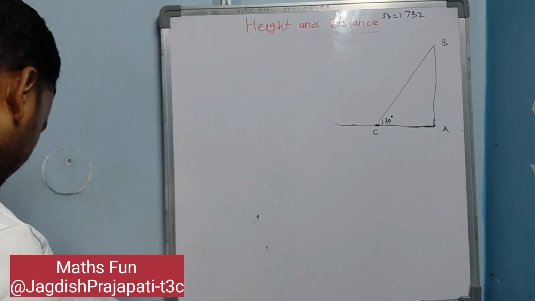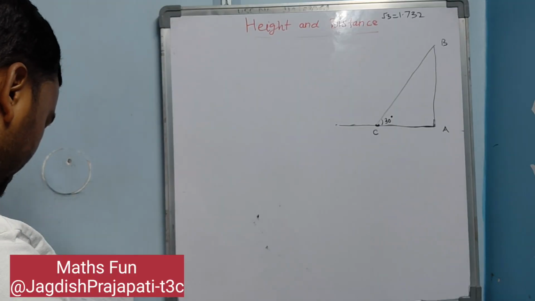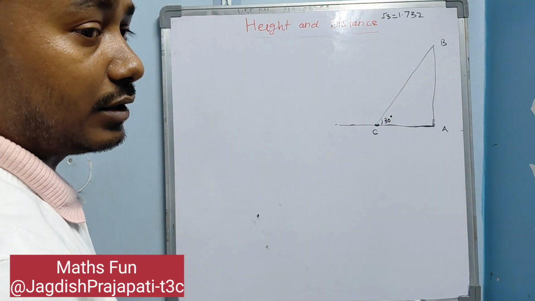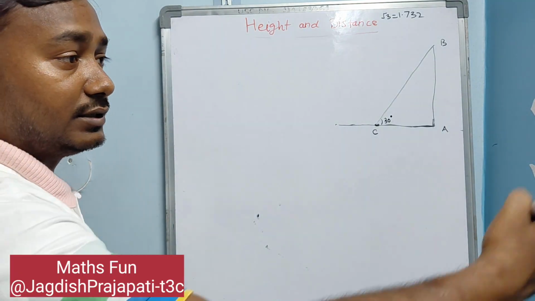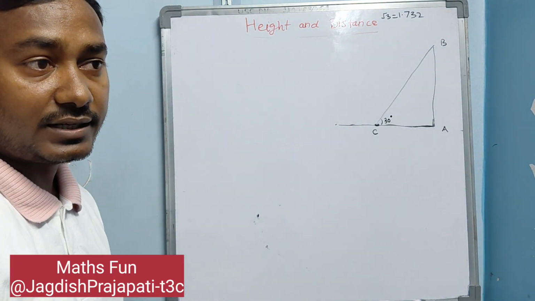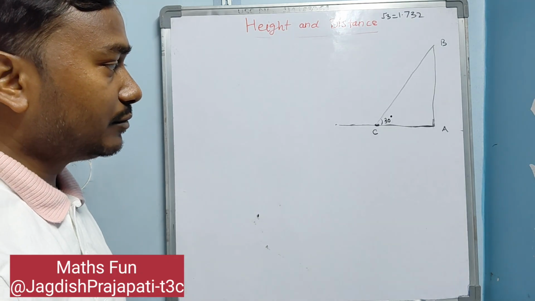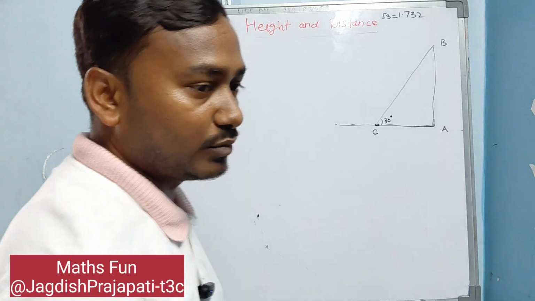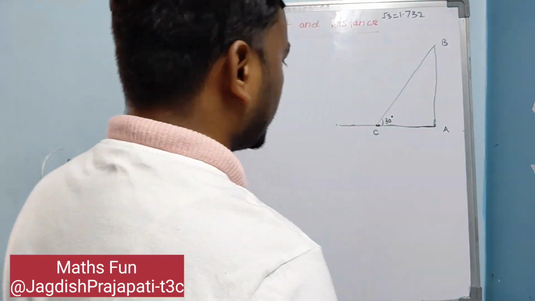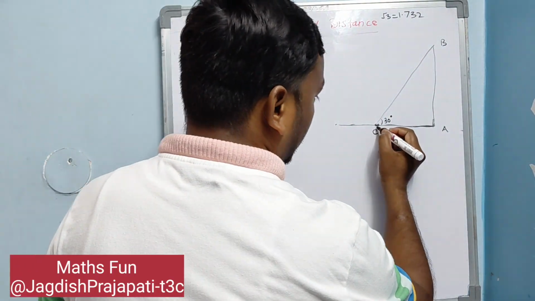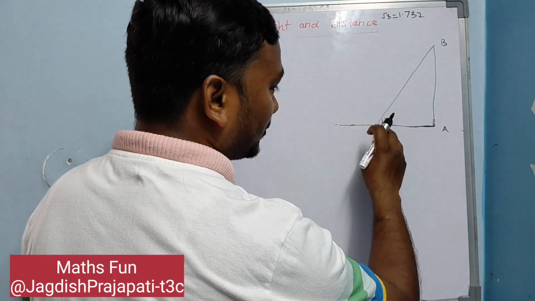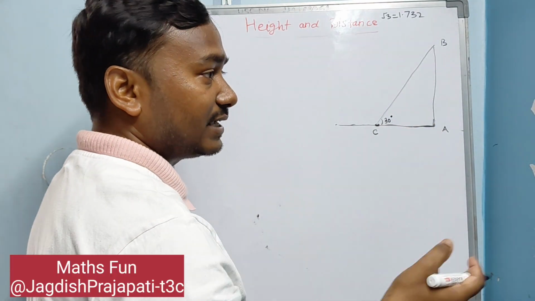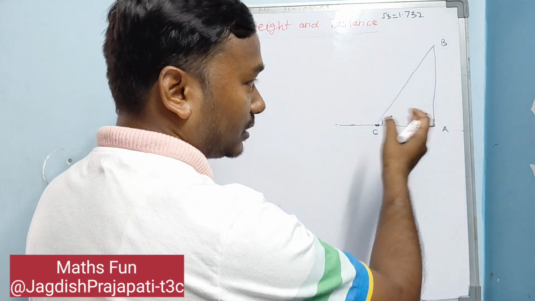Now it says on advancing 150 meters towards the foot of the tower. So let's say this is tower and I am standing here. I move 150 meters toward the tower. So I have to move like this. Anybody is moving from here to advancing, means he is heading or proceeding towards the tower.